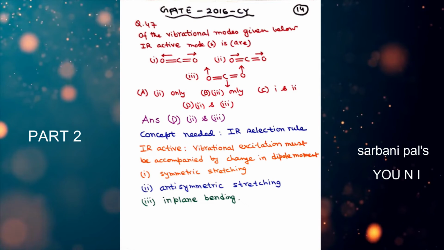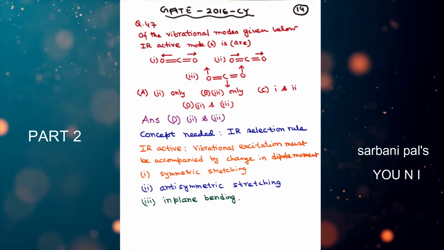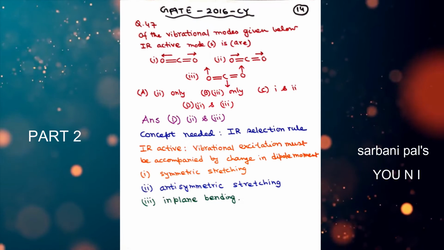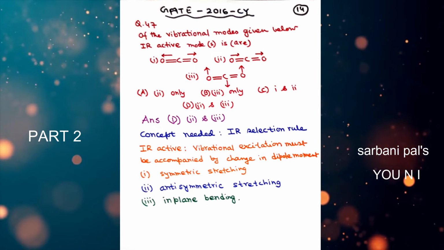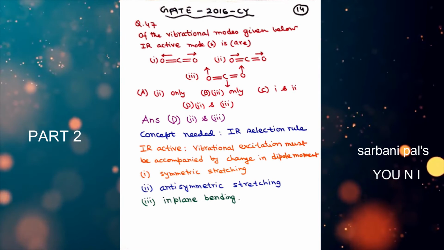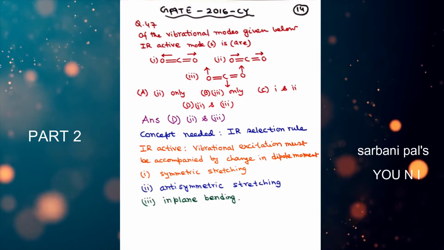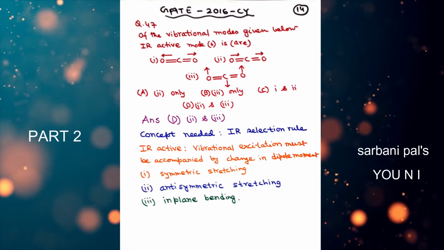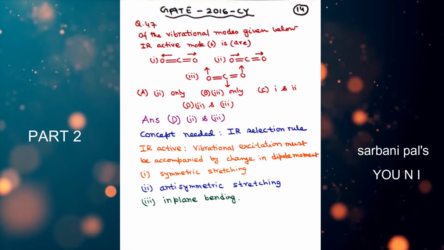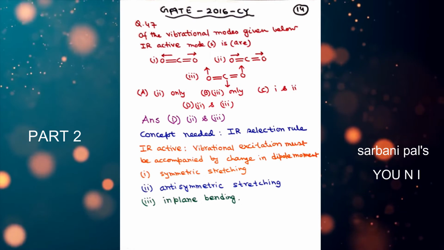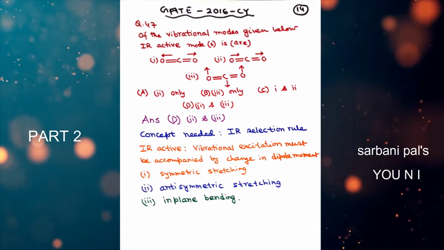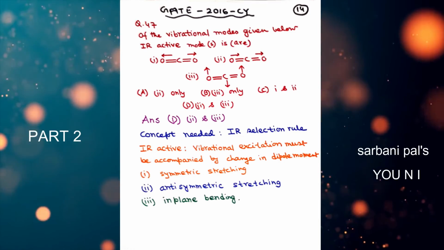And the third one is the in-plane bending of carbon dioxide, where also some change in the dipole moment happens, so it is also IR active. So structure 2, antisymmetric stretching, and structure 3, in-plane bending, are IR active, and this is given in option D. So the final answer is D.